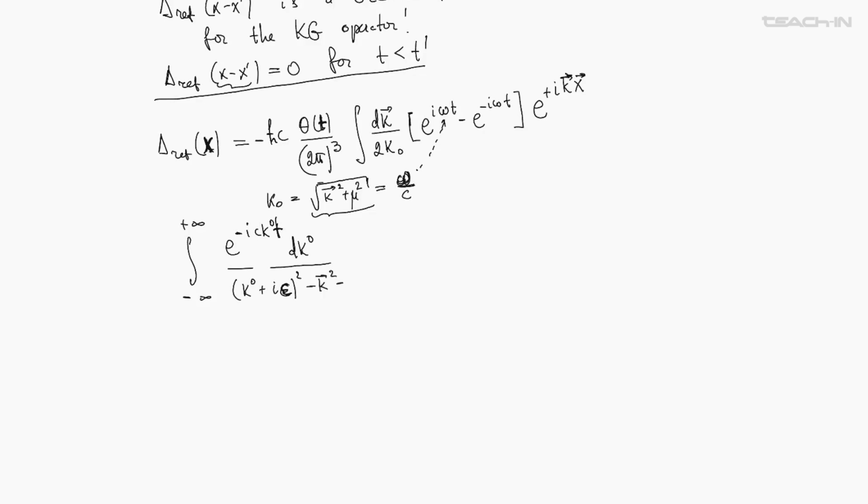I will tell you what the i epsilon is there. This auxiliary integral is taken along the real line, but I would like to use complex analysis.